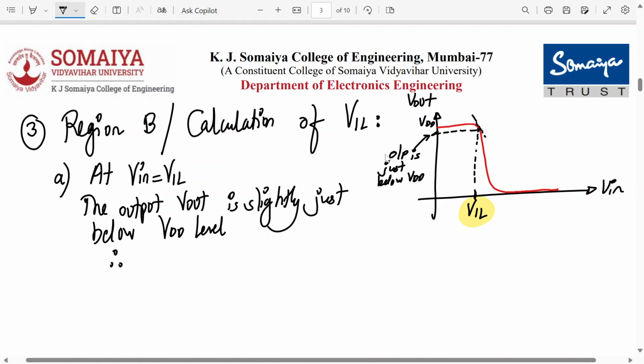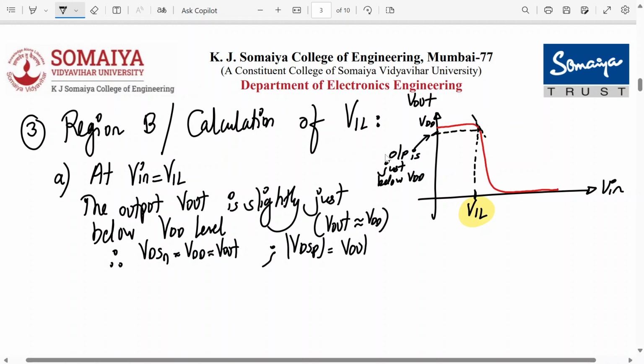Therefore Vout is almost equal to VDD, but not exactly equal. So what can you say about VDSN? VDSN is VDD, because Vout is almost VDD. And what about VDSP? Remember VDSP was given by Vout minus VDD. That is becoming 0, almost close to 0. Yes or no? Because Vout is VDD now.